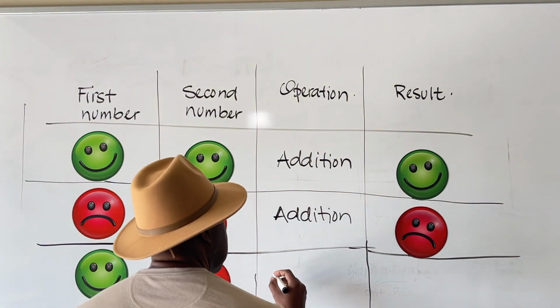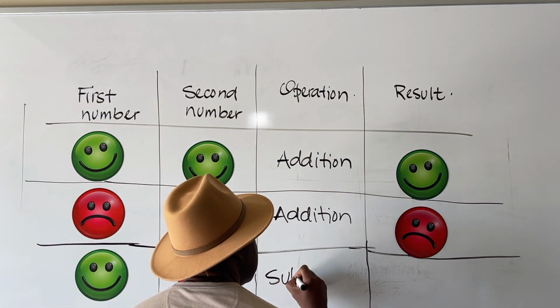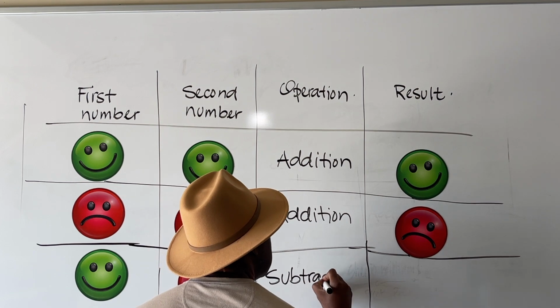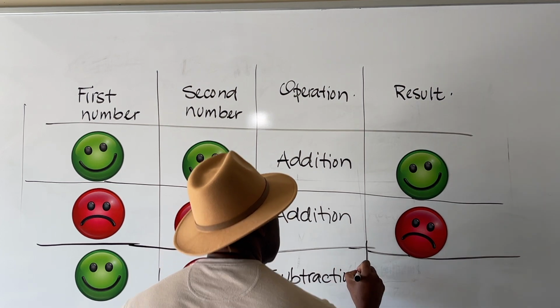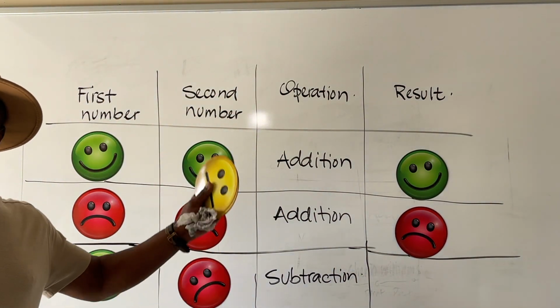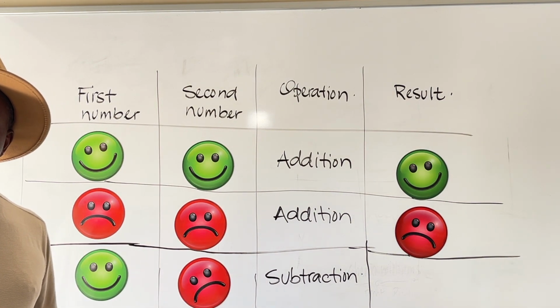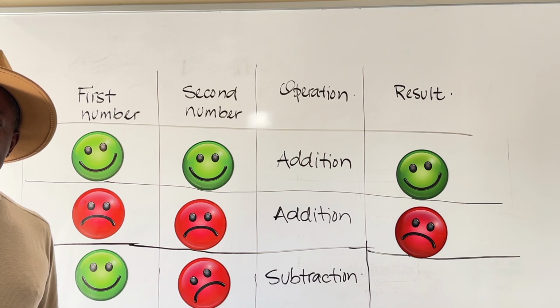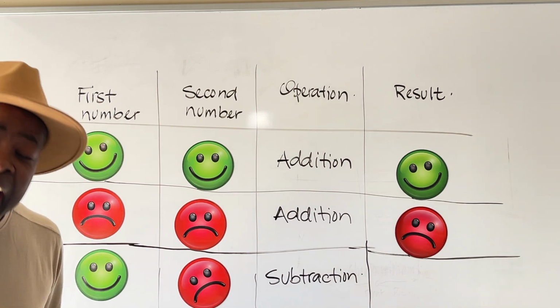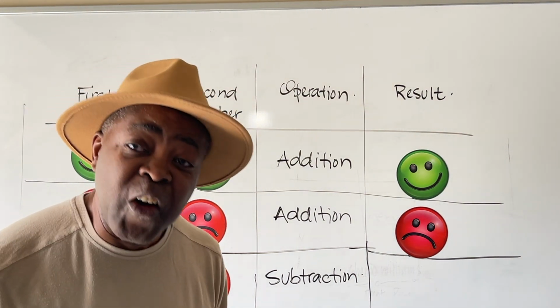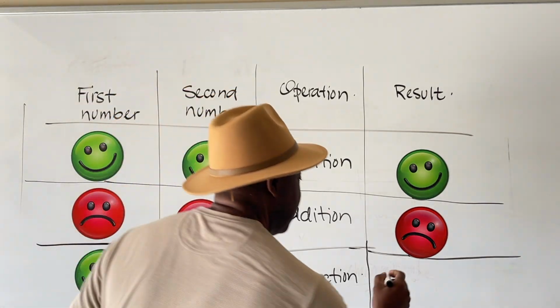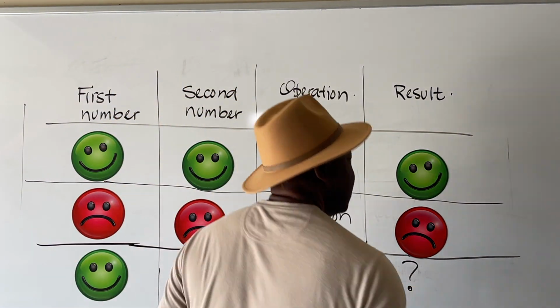I have a subtraction, and what sign is the result? Positive. Ha ha ha. The result we don't know. We don't know what the result will be. It depends on the numbers. Exactly.